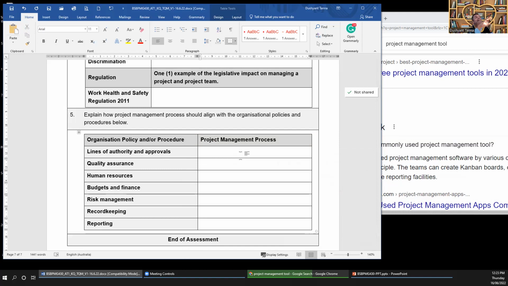So that is a line of authority. Any tools requirement up to $500 can be approved by me, more than 500 up to 5,000 approved by my manager, more than 5,000 approved by the director or the CEO, something like that. It talks about the authority and approval.